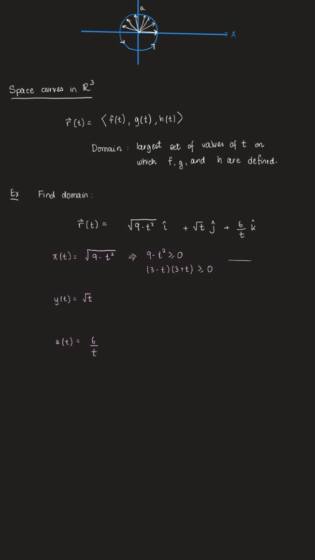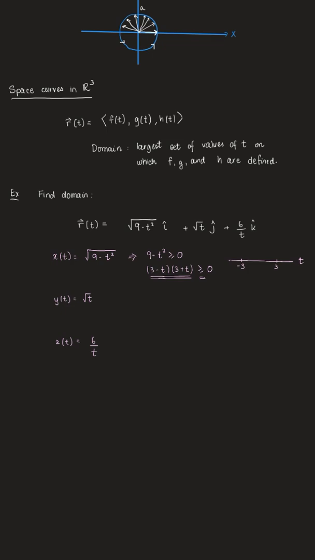So I'm going to use a number line on which I plot t, and the values of t that make the inequality just equal to 0. So I'm going to put -3 here, and 3 will make this equal to 0. And I'm going to test parts of this t interval into my expression 3 minus t times 3 plus t to see what values will satisfy the inequality.